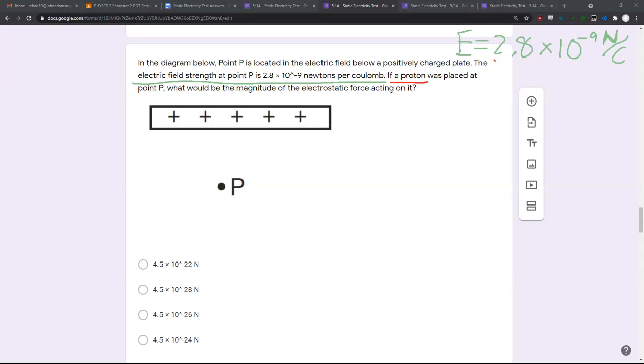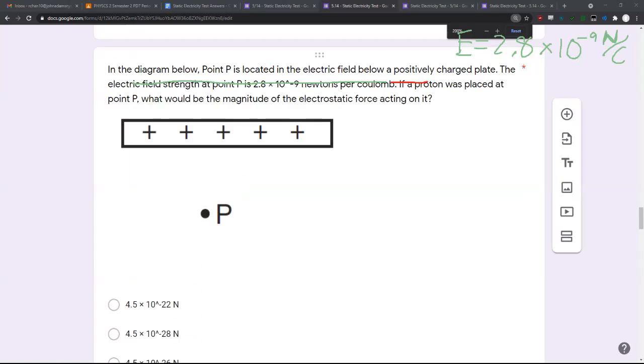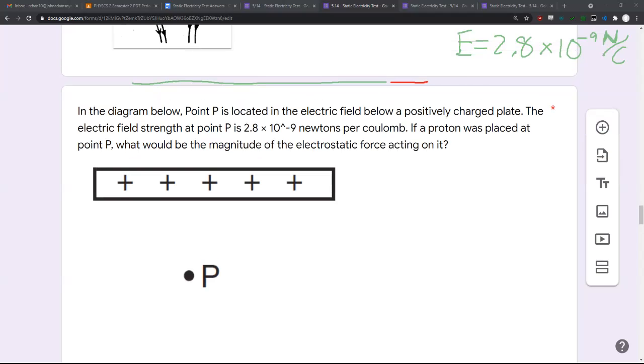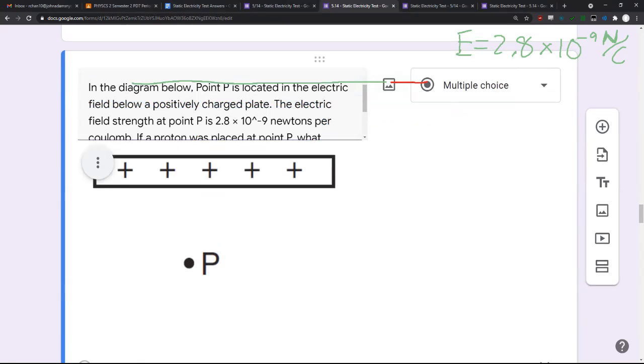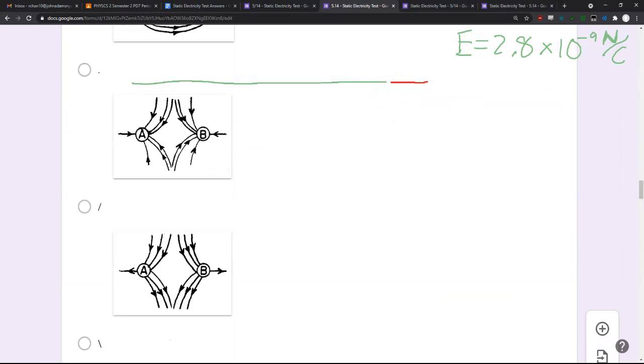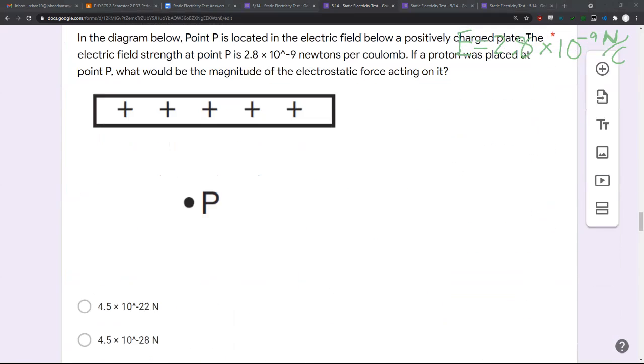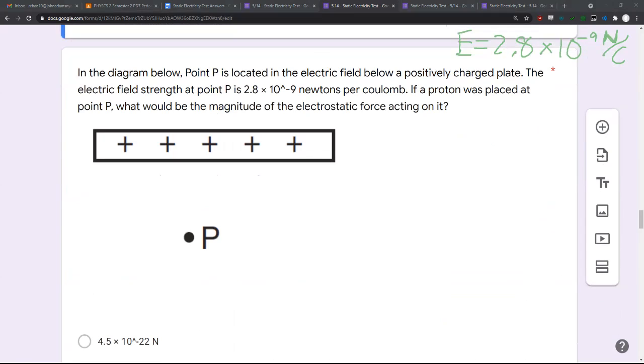So the electric field strength at point P is 2.8 times 10 to the negative 9 newtons over coulombs.